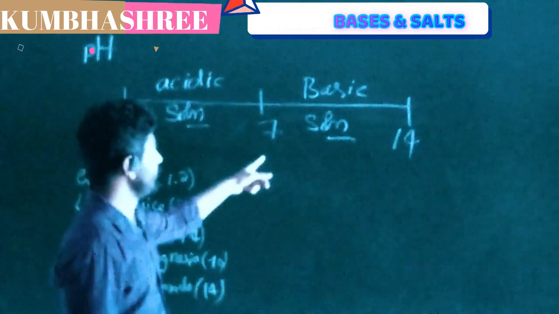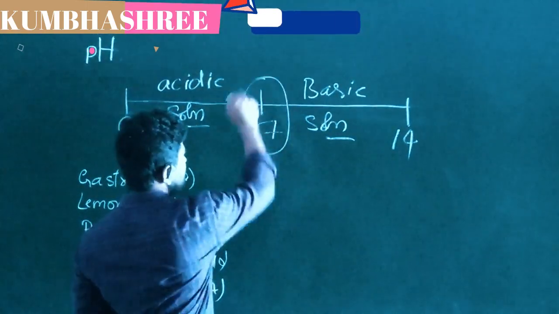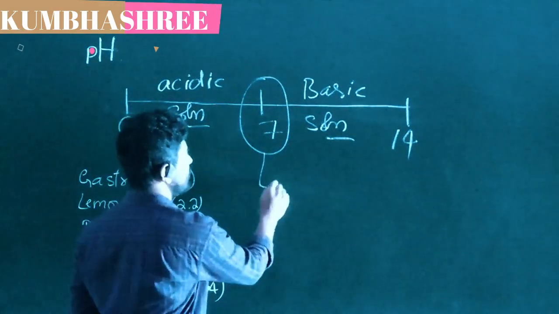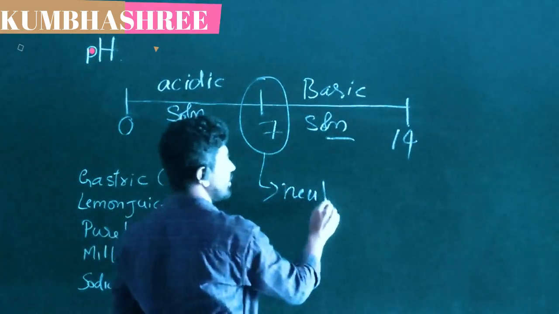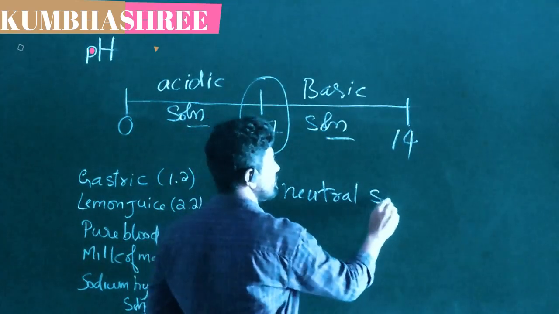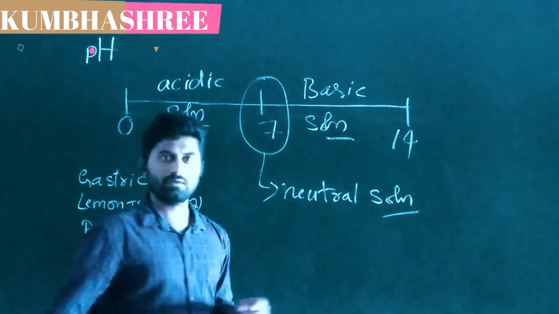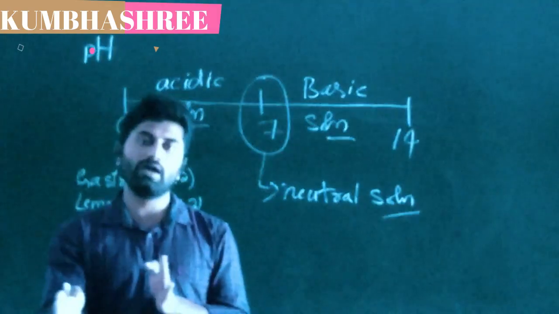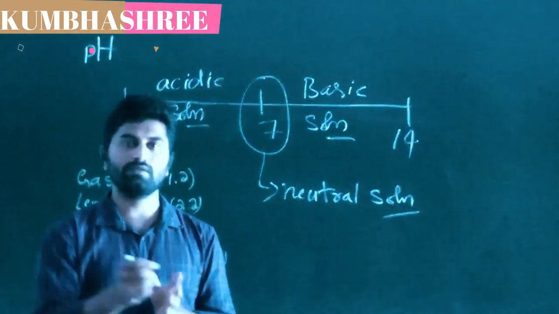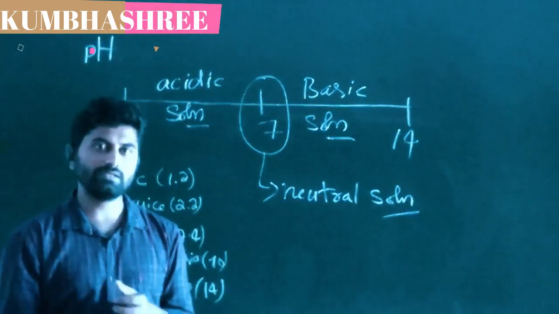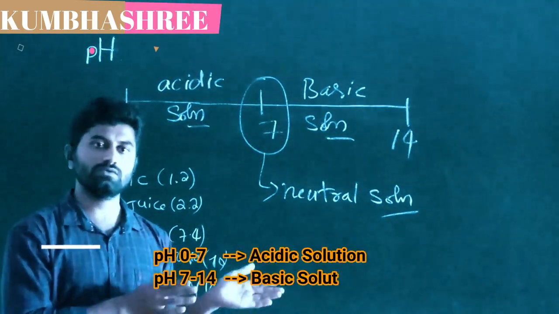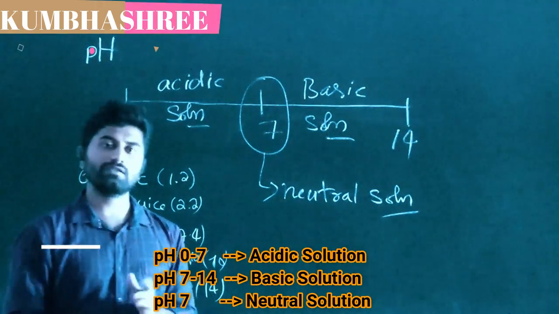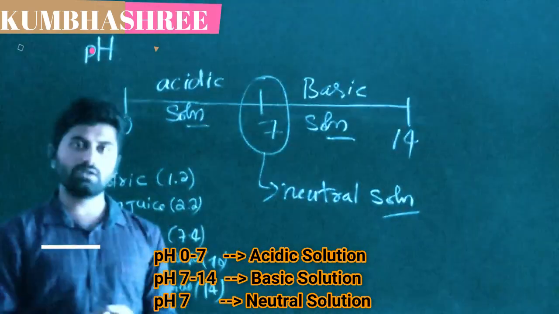And what if the value is 7? If the value is exactly 7, such a solution is known as a neutral solution. I think you are clear. If a solution is an acid, the pH value should be between 0 to 7. If it is a base, the pH value should be between 7 to 14. If it is exactly 7, the solution is said to be neutral.